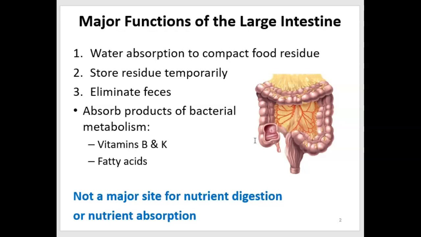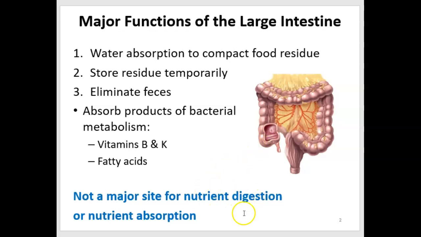And these two or three products are from bacteria metabolizing either undigested material or making vitamins B and K. So the bacteria in our gut actually produce vitamins B and K, and those are absorbed into the circulatory system from the large intestine.